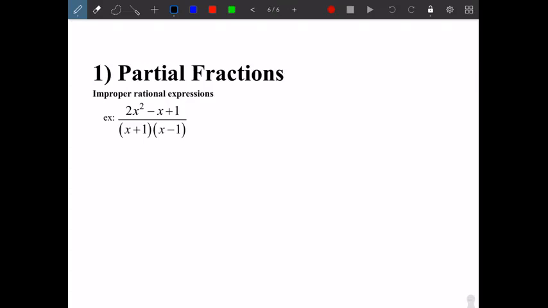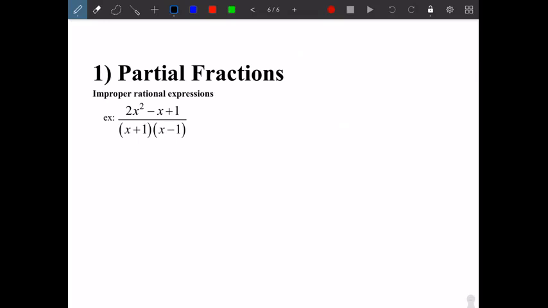Now in this last example, we're going to look into improper rational expressions. A rational expression is improper if the degree of the numerator is equal or greater than the degree of the denominator. So before you start setting up the partial fractions, always make sure whether the given rational expression is proper or improper.